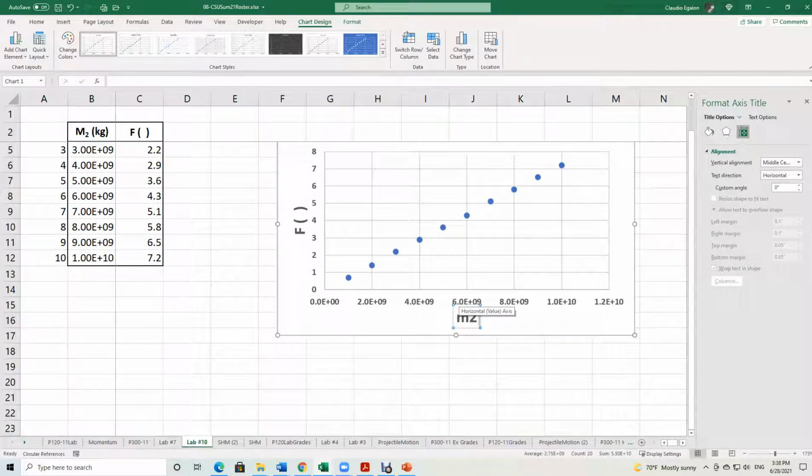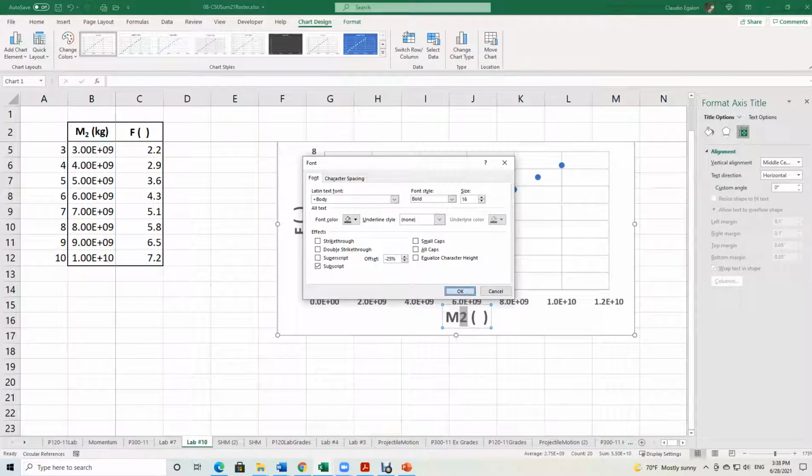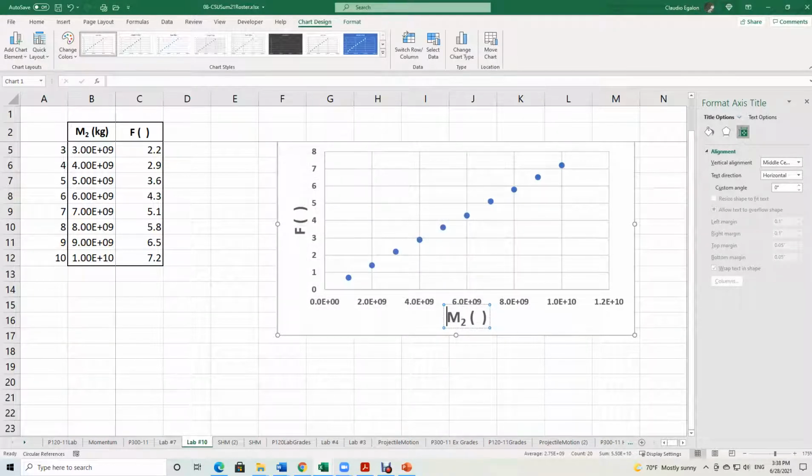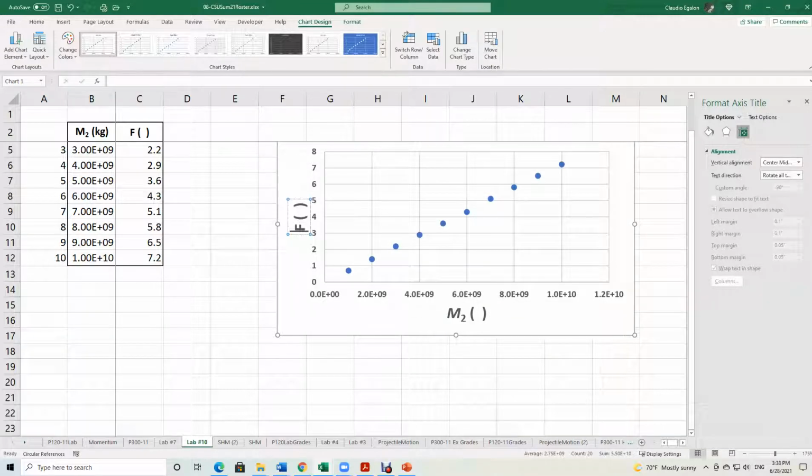Mass 2, parentheses, unit, and subscript. If you want to make it look nicer, you can put italics here. You can put italics here as well.